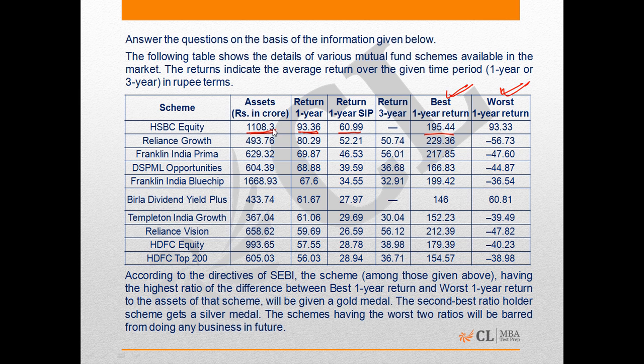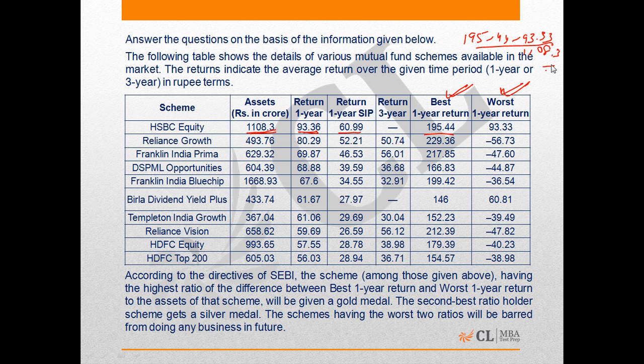So it is talking about the ratio of the difference between best 1 year return and worst 1 year return, that is 195.44 minus 93.33 upon 1108.3 for HSBC Equity. The second best ratio holder scheme gets a silver medal. The schemes having the worst two ratios will be barred from doing any business in the future.